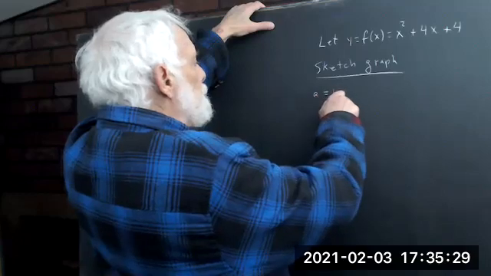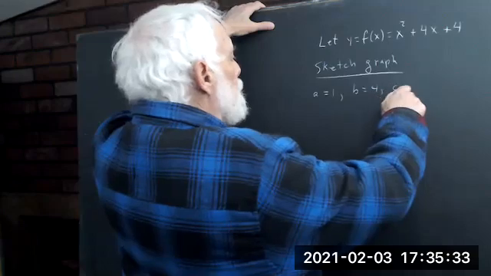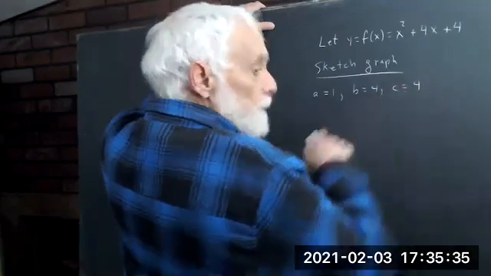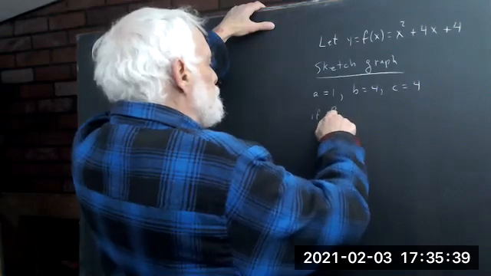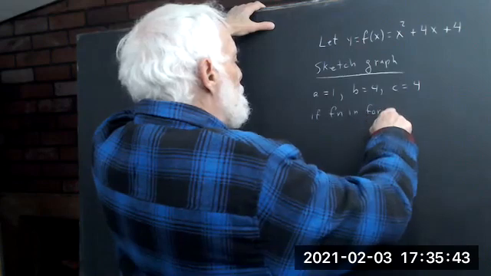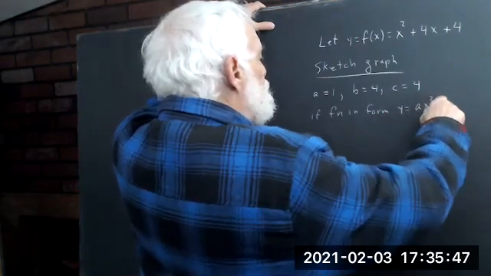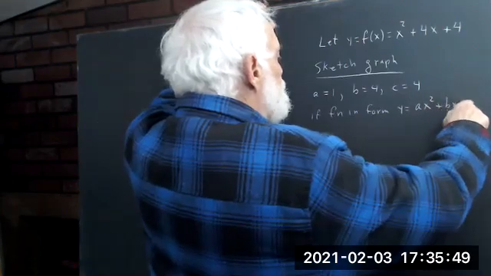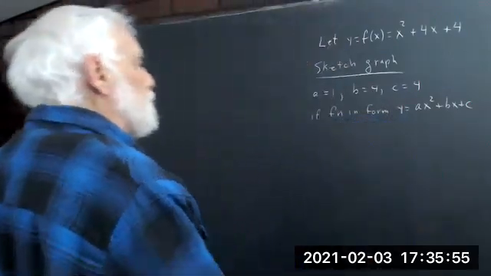A equals 1, b equals 4, c equals 4, if we agree that the function is in the form ax squared plus bx plus c.